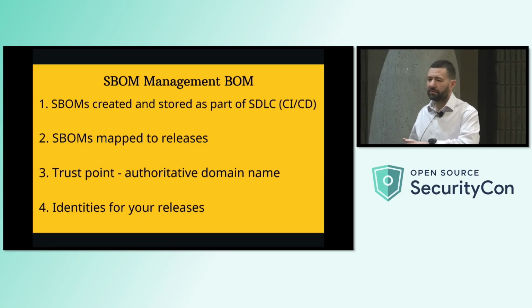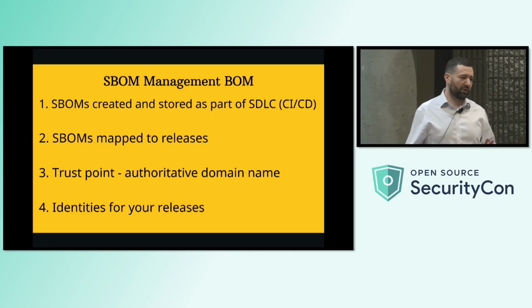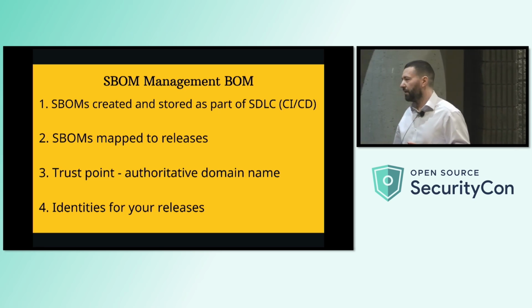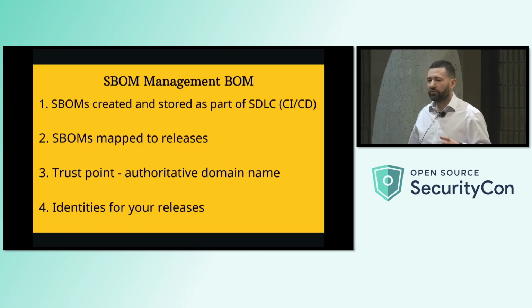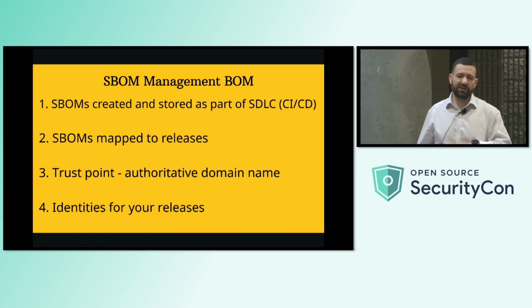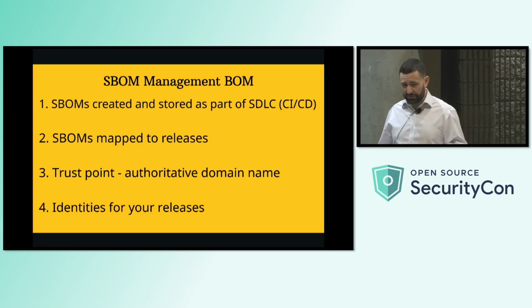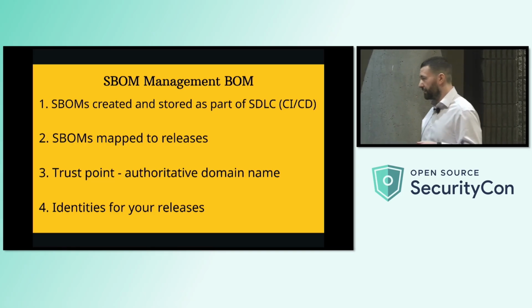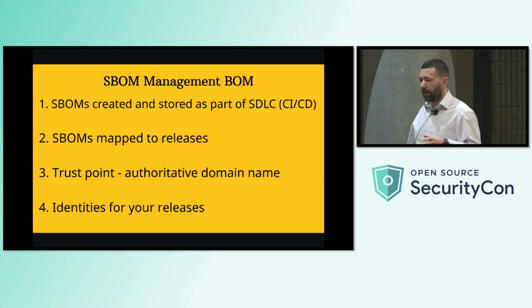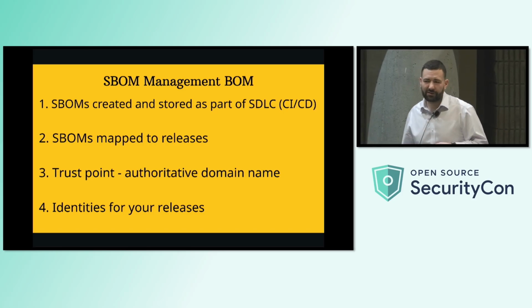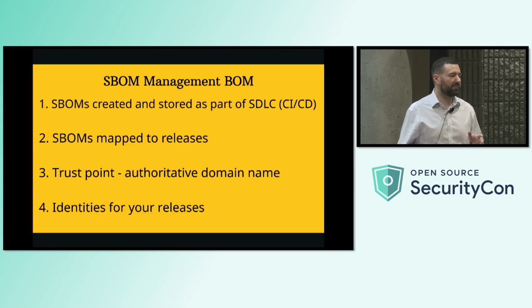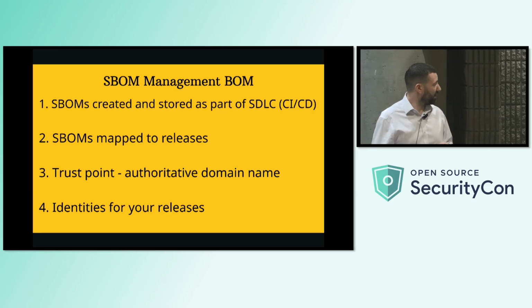Second, and I'll speak of this a lot, your SBOMs need to be mapped to releases, which we don't see all the time. You need a trust point, an authoritative website, and you need it not only for this, but there are other requirements in CRA, like security.txt, potentially other things. Finally, you need to identify your releases. These are the things that you need. Now we discuss how we get there.